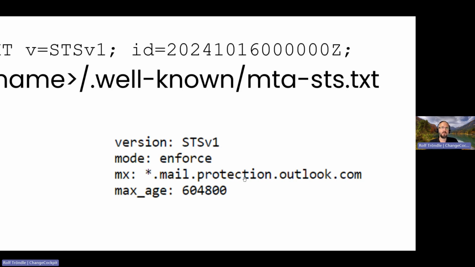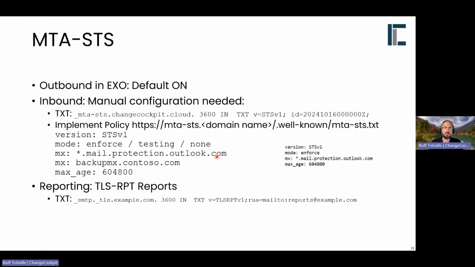So if someone is able to do DNS cache poisoning and add in the intermediary DNS server another MX record, with a lower value as an example, and would like to redirect all emails to them, that's not possible because you specify which MX records are valid. And the max age of the policy is also specified.